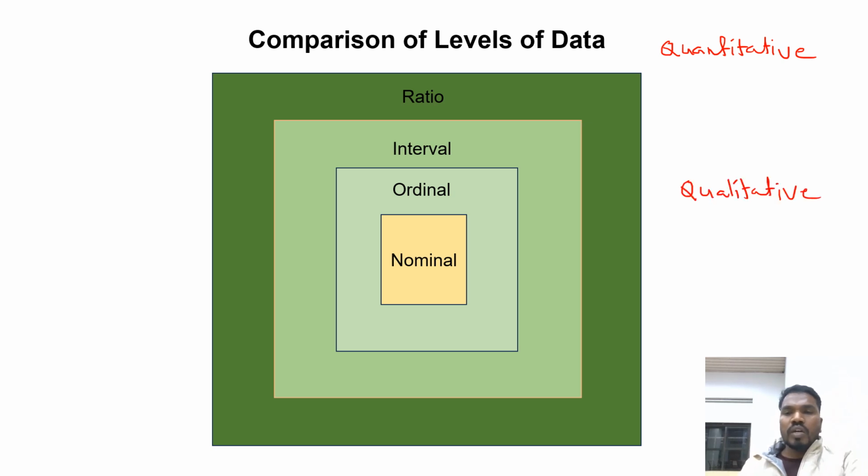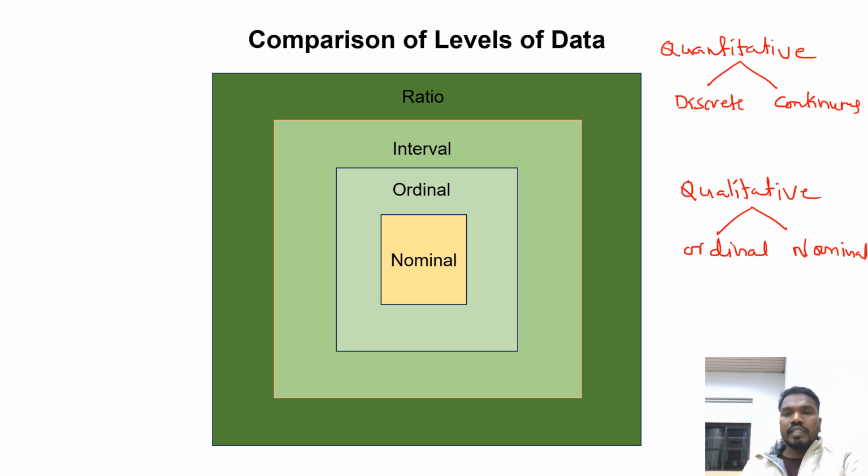Quantitative data are again divided into two types: one is discrete, the other one is continuous. Clear? Similarly, qualitative data are again divided into two types: one is ordinal data, the other one is nominal.